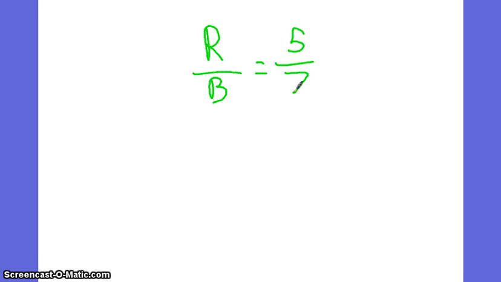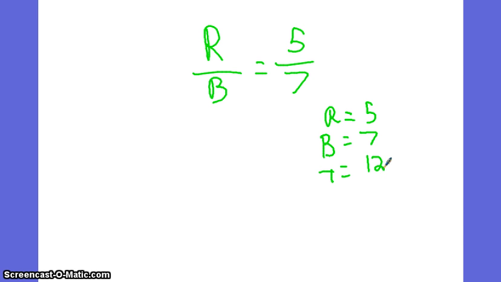We have the ratio of red to blue is 5 to 7, and there are 156 in the bag. How many marbles were red? Let's write this ratio down. There are 5 red and 7 blue. The ratio total is 5 plus 7, which is 12. The actual total is 156.